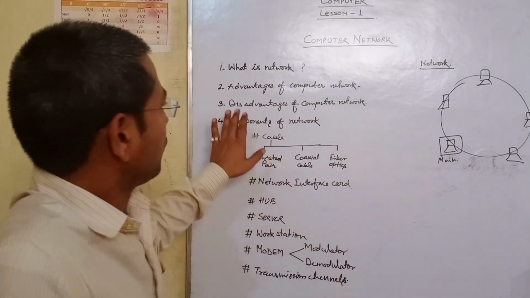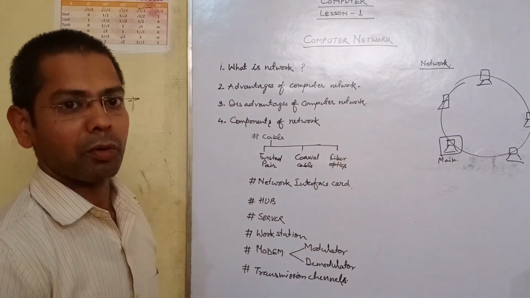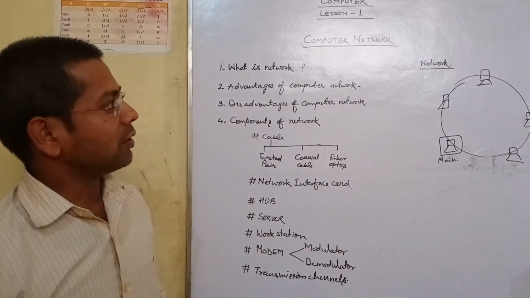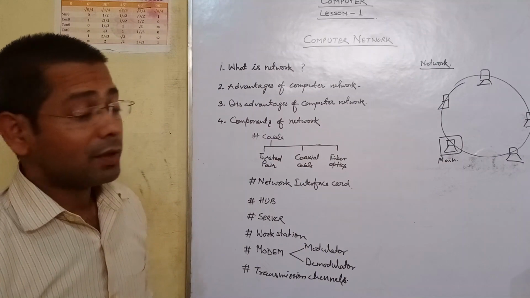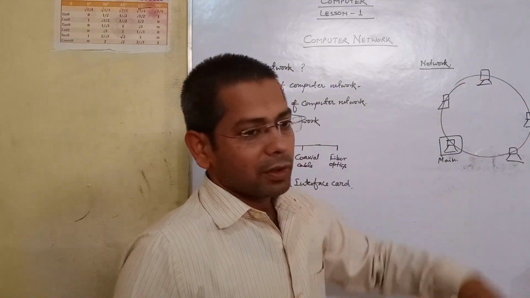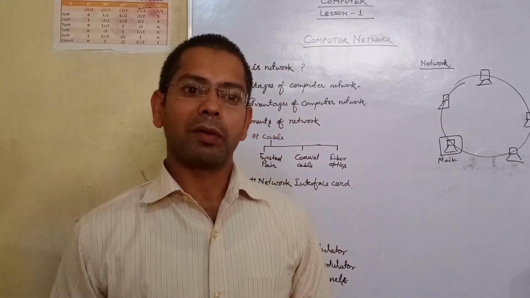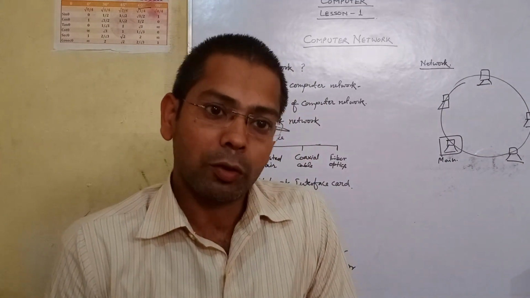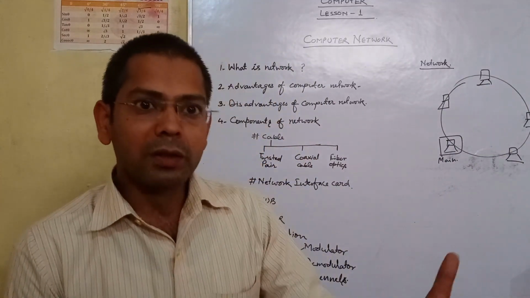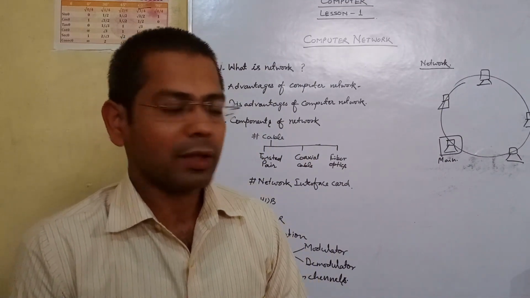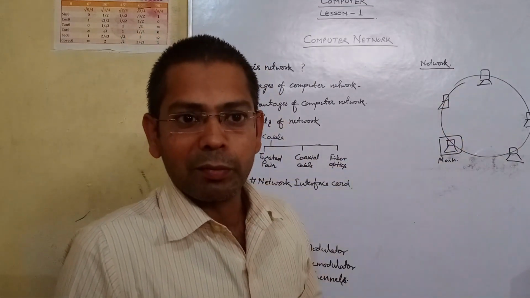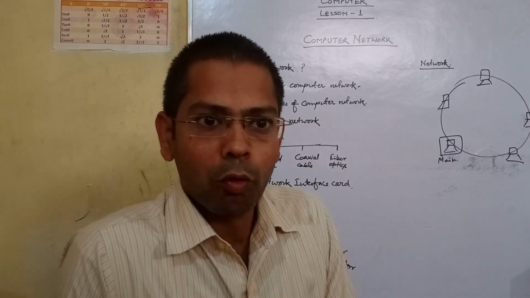Now we will discuss the disadvantages of computer network. The disadvantage is this: when one of the computers has some problem, the computer network will be destroyed or move towards destruction. Meaning, the purpose of the network is getting over.